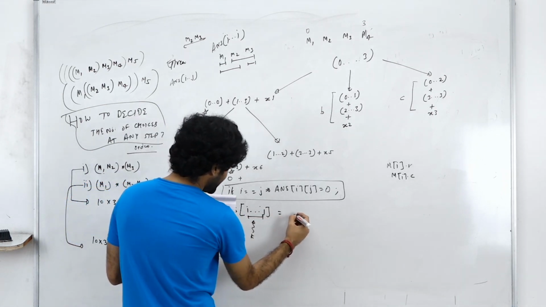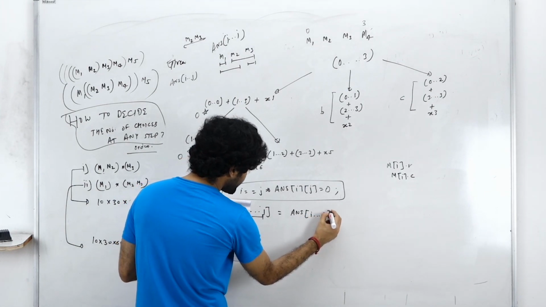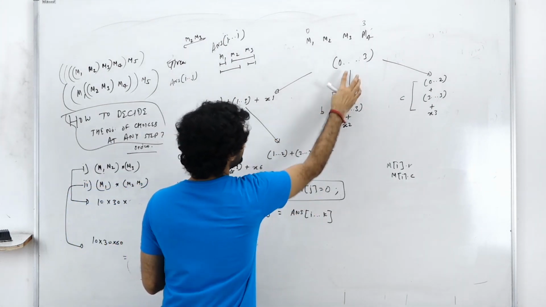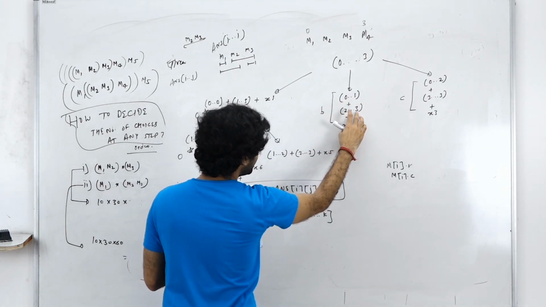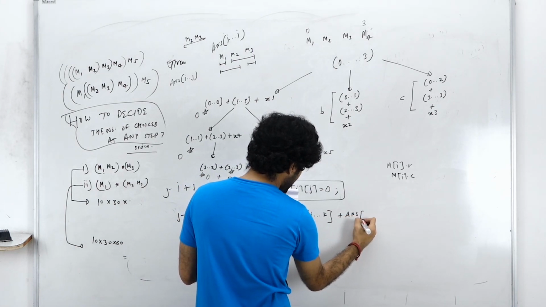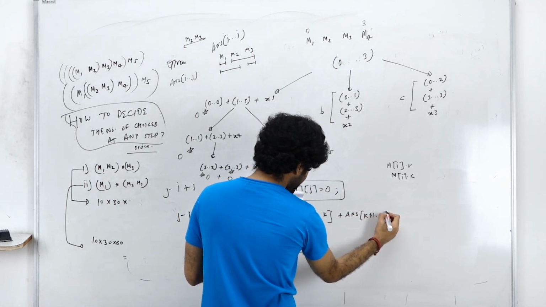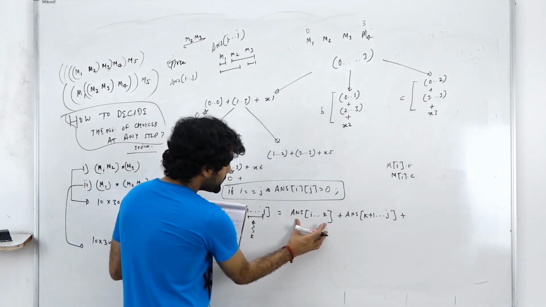Okay? So in that case, the cost will be answer from i to k. See, when I picked the point to be 1, it was answer from 0 to k, which is 1, and then answer from k plus 1 to here. So answer from i to k plus answer from k plus 1 to j plus one more thing. And what is that? That will be the cost of multiplying this and this.